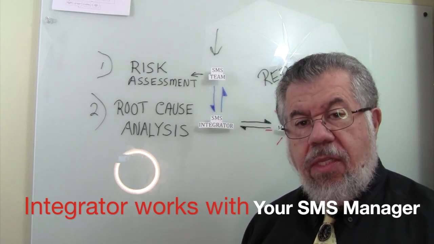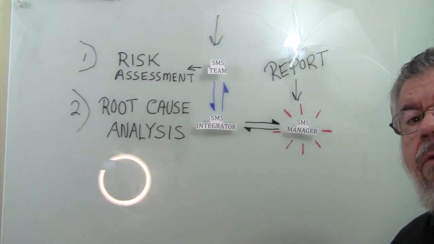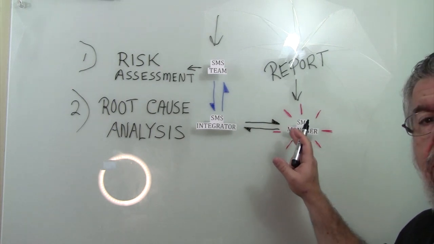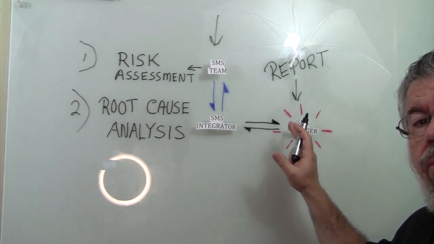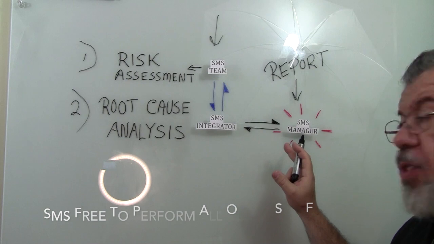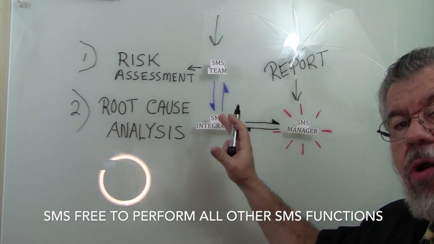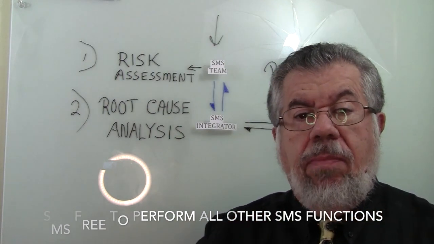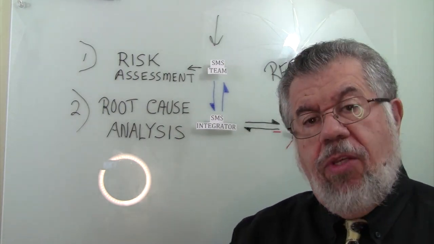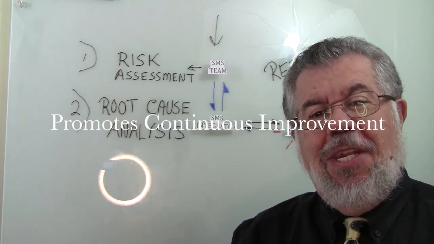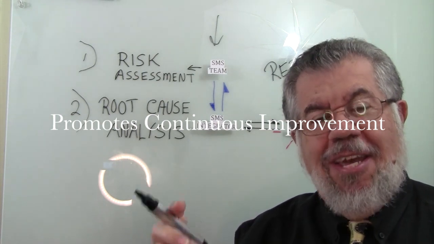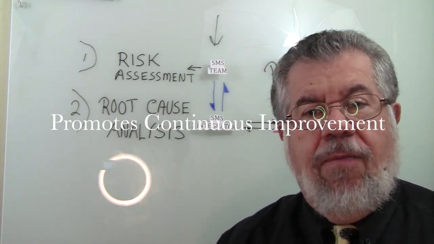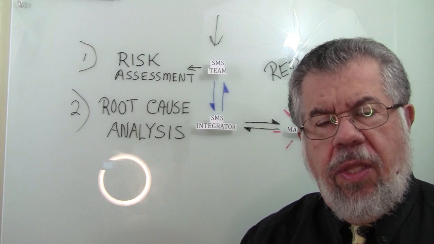Remember now, this system where we have the SMS Manager performing their normal functions and then passing along the RA and the RCA to the integrator would allow the system to continuously improve, because the integrator would be sending back the information needed to facilitate the corrective action plans and so forth.